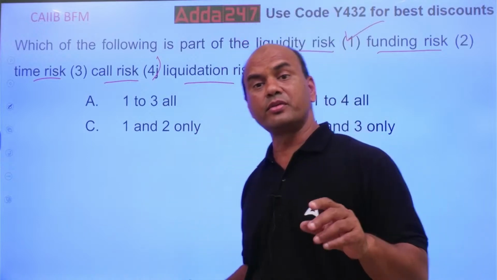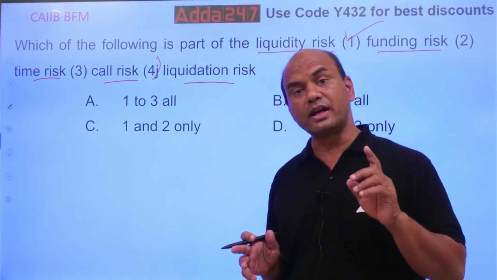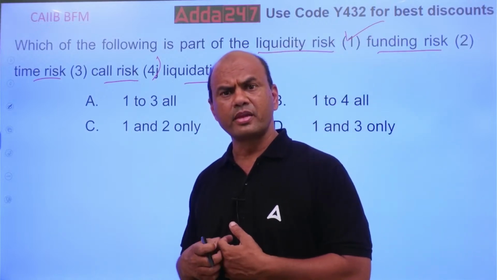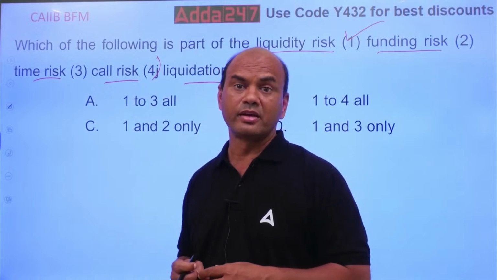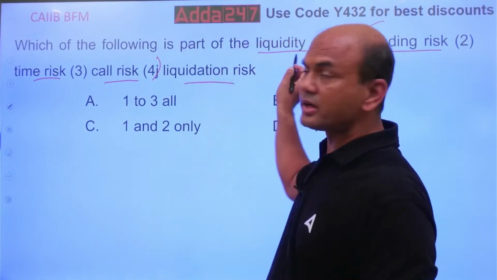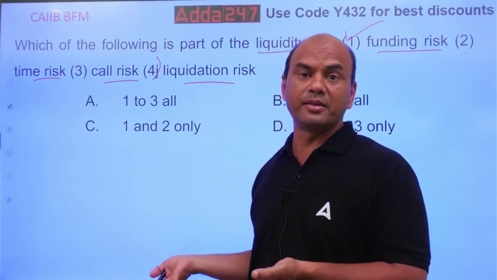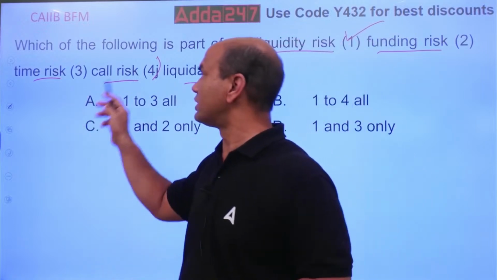If I don't follow the right timing for deposits and liabilities, why? I'll be facing this liquidity risk again because I have to pay the depositors and I don't have money at that time. So time risk, yes.